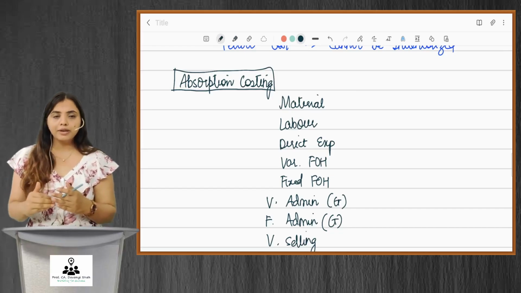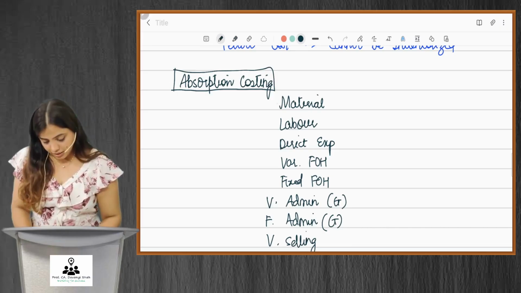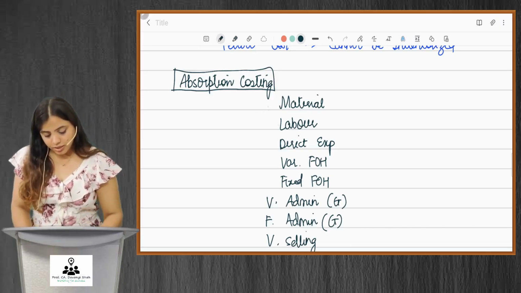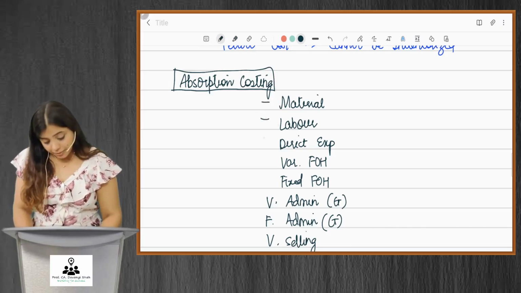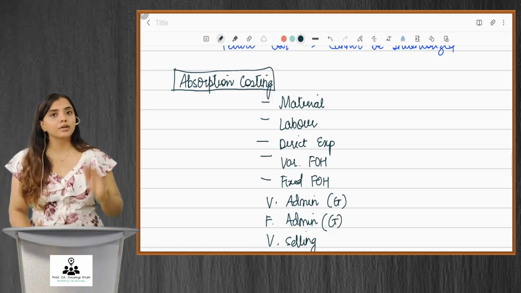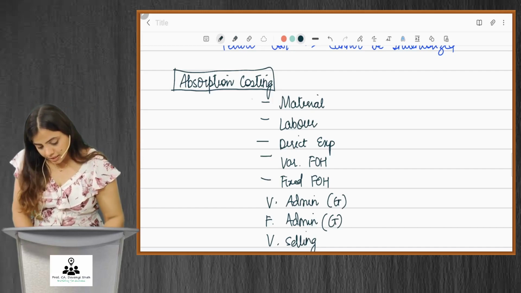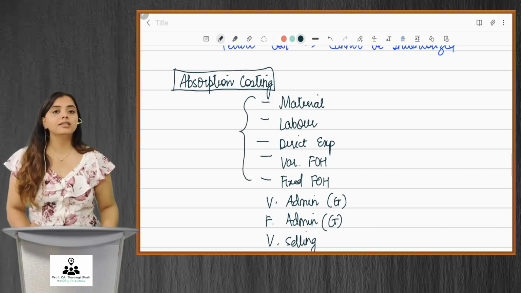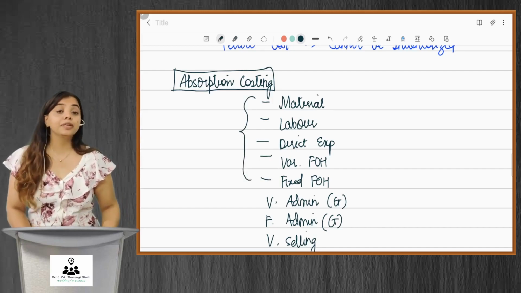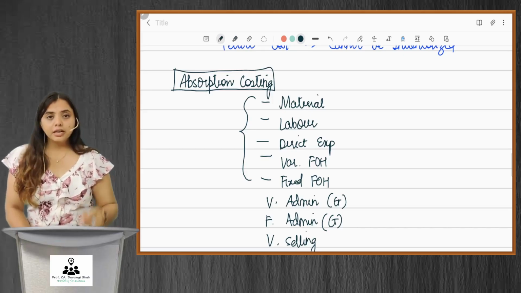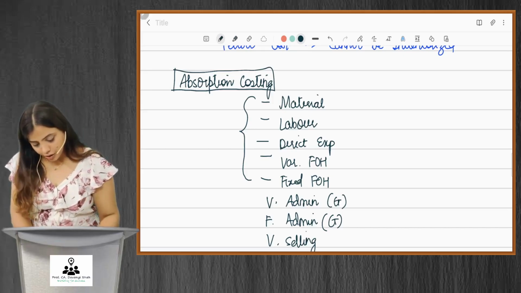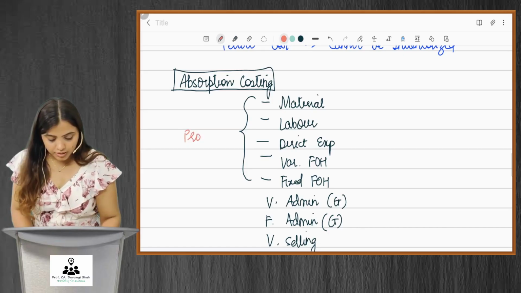So, in our stock valuation, it includes material cost, labor cost, direct expense, variable factory overheads, fixed factory overheads, and also admin overhead related to production, not general. So, friends, these costs are included in the stock valuation as per absorption costing, and hence these costs are called product cost as per absorption costing.